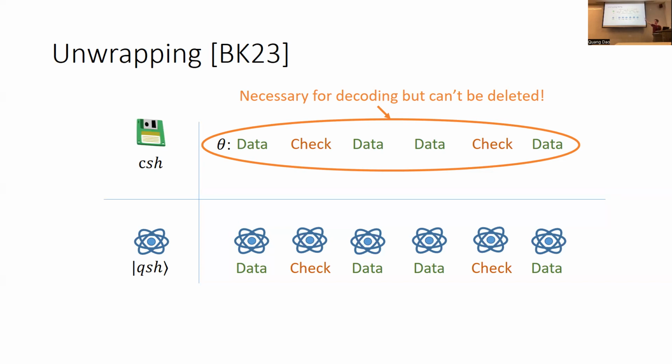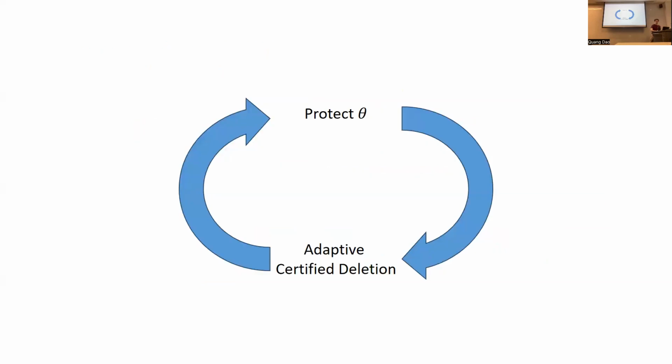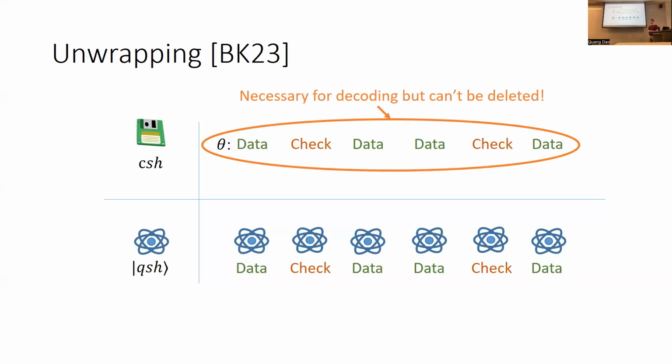Okay, well, the problem here is that string, that mapping there, which tells us where the data positions are and where the check positions are, can't be deleted because it's fully classical. Well, but if the adversary has which positions are check positions, can he just measure these check positions, get the certificate, and still keep the data? Yes, if you knew where the check positions were.